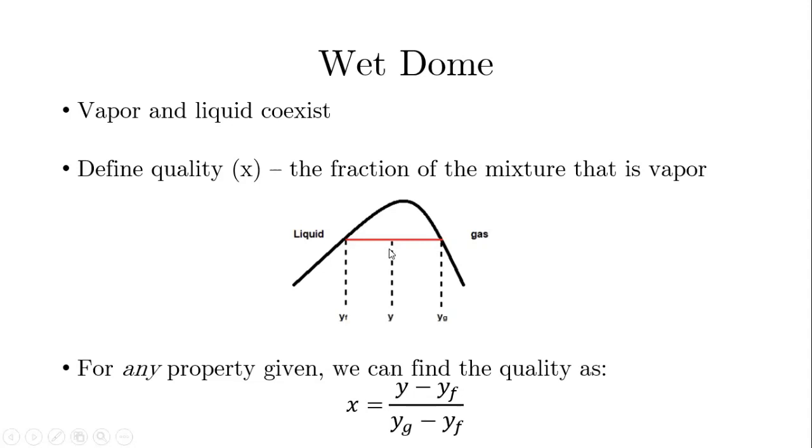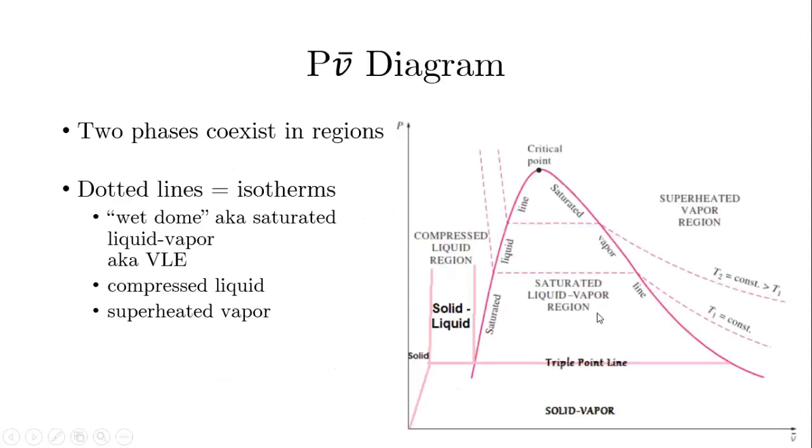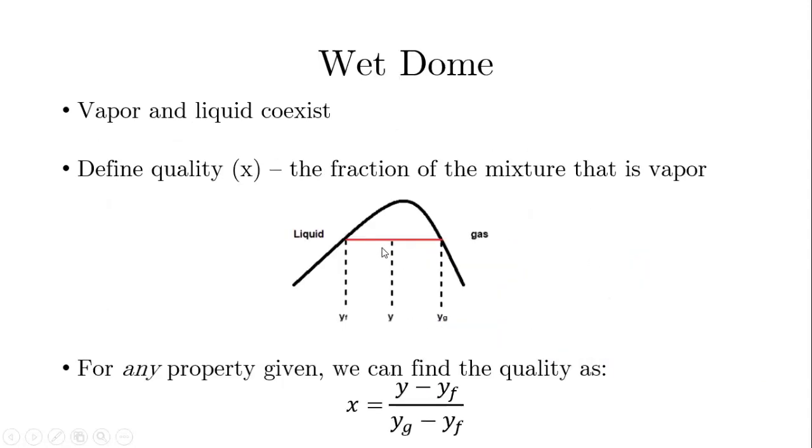So depending on where I am in what we call this saturated liquid-vapor region, I can determine what percent of my mixture of liquid and gas will be gas and what percent will be liquid. I'll show it to you in examples in a second, but it's going to be very important to understand how much of my mixture is liquid and how much is gas.